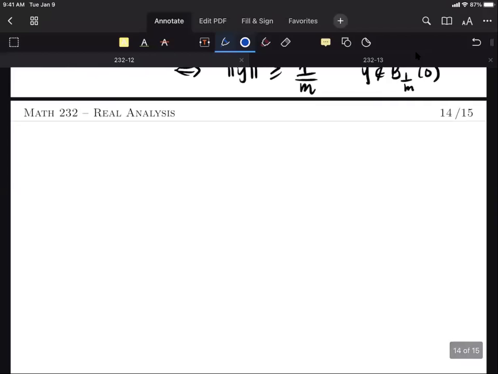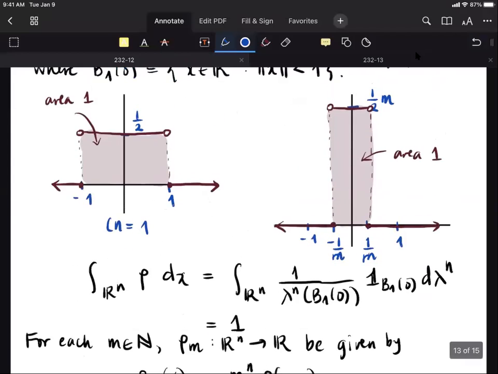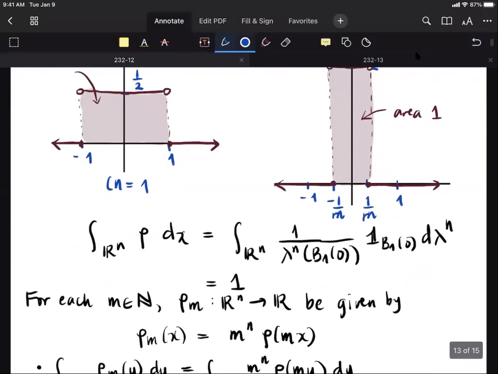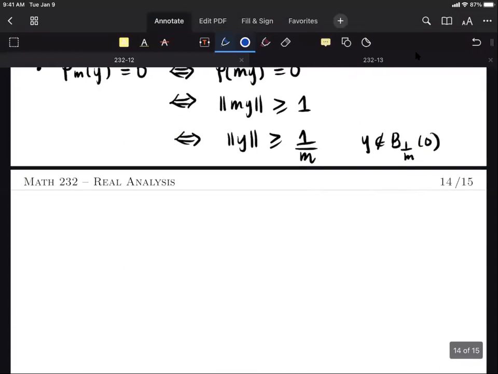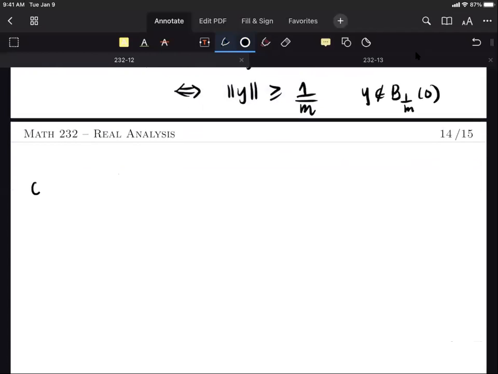So here we consider the following integral indexed by m. So let's define I sub m as follows.